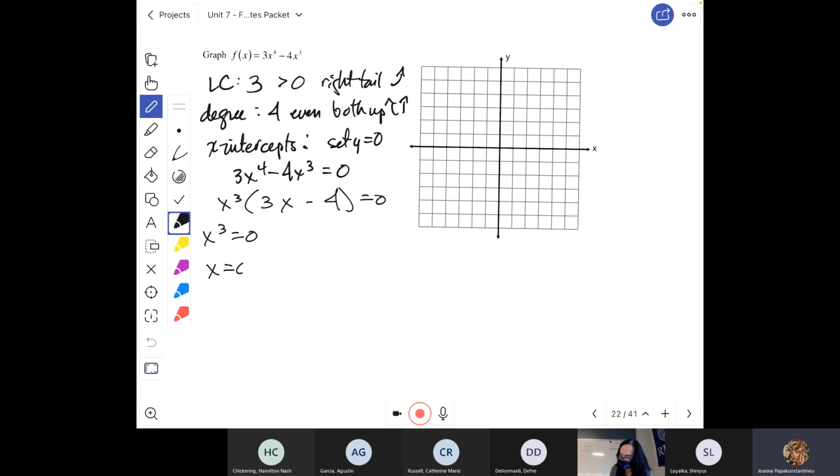So I have x equals 0 being a root, a repeated root, but what's the multiplicity? I should say, let me put repeated root. And then this one is going to be the solution of a linear equation.